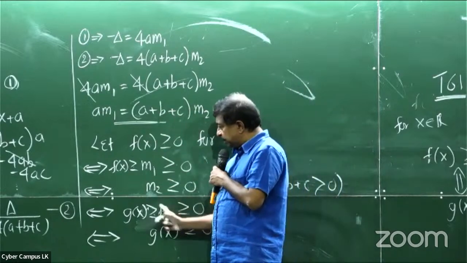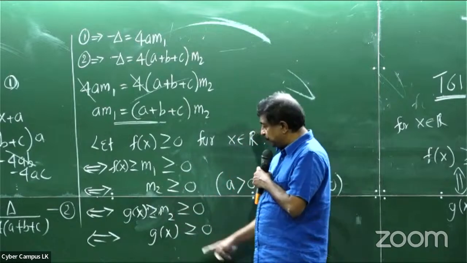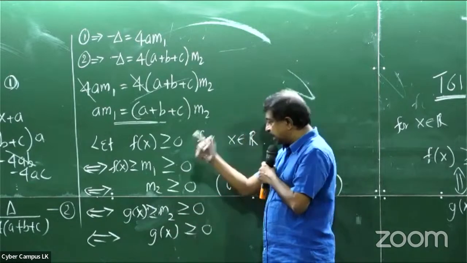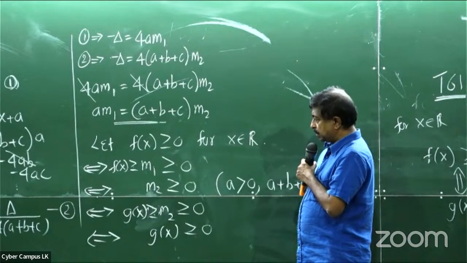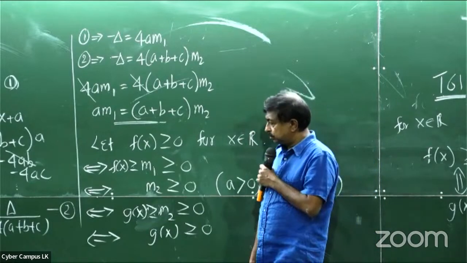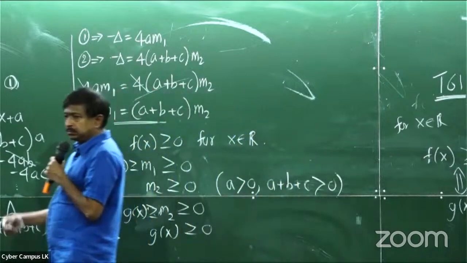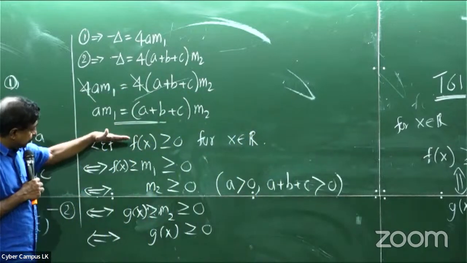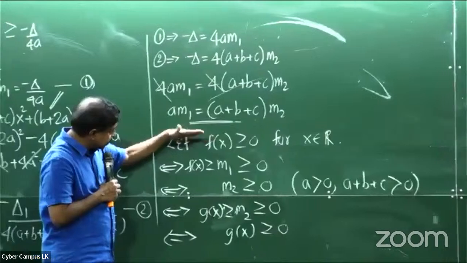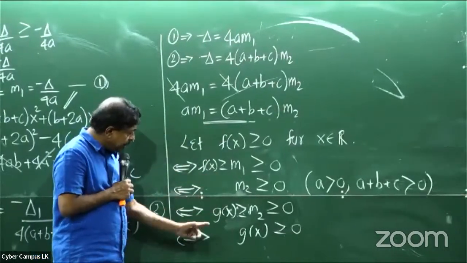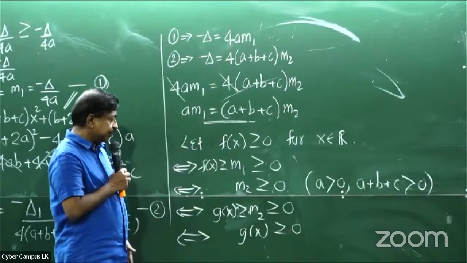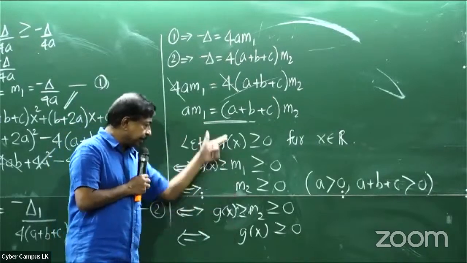So g(x) is even greater than or equal to M2. So that means g(x) is greater than or equal to 0. The simplification like this implies the second one, which implies the third, fourth and fifth, and you can go in the reverse direction as well. Therefore, you don't have to rewrite it.